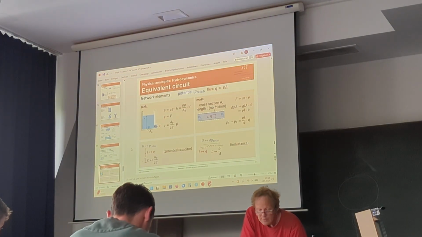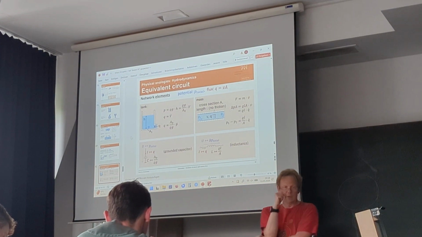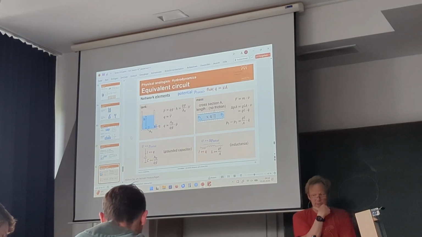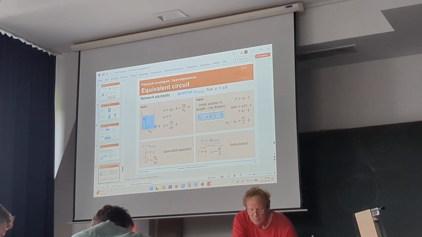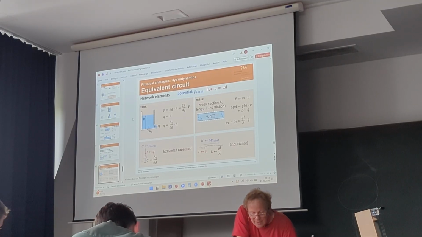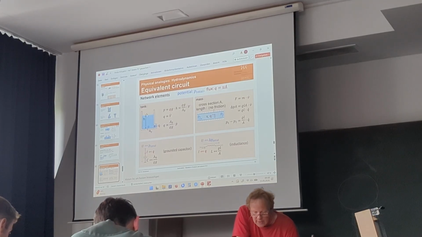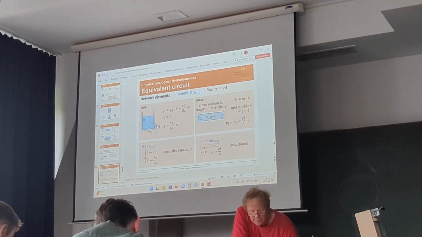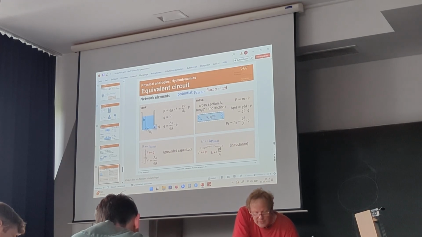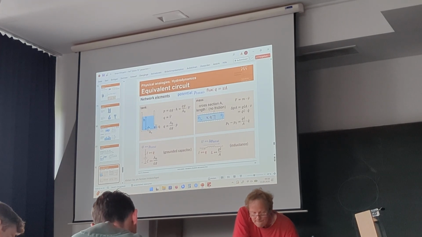Okay, so then we have identified two quantities, and let's take a look at what we can do with this. First of all, let's say we have a tank which is filled up to a certain height. At the bottom of the tank we have an inlet or outlet, and there we will feel a certain pressure.